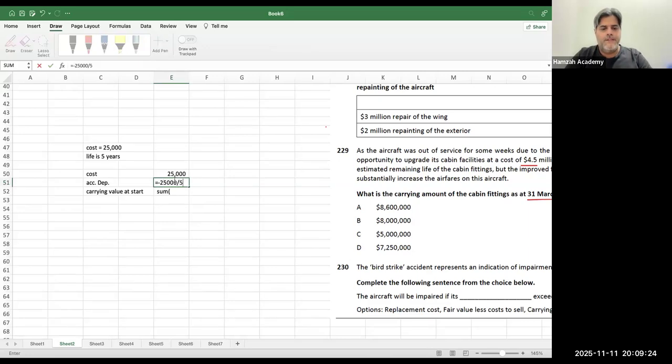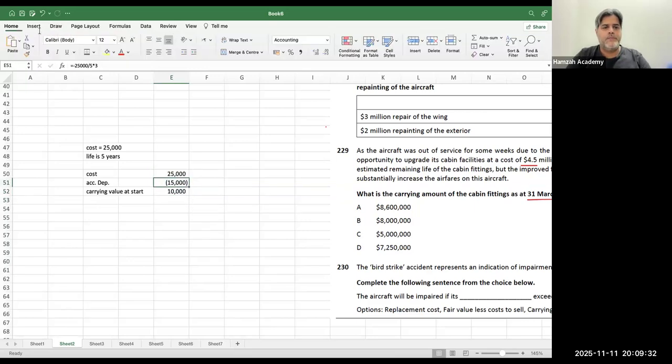25,000 by 5 into 3. So that's going to be a sum of 10 million over here. Then depreciation for the first 6 months is 25,000 by 5 into 6 by 12.